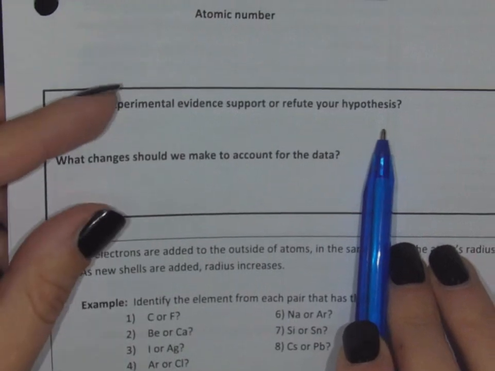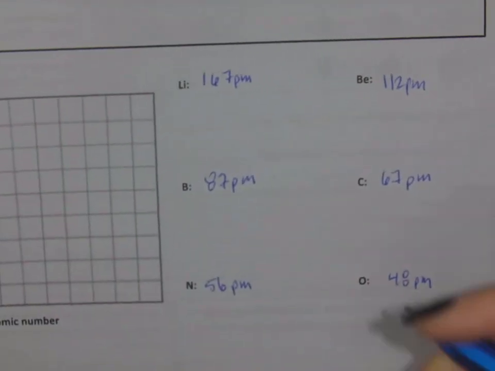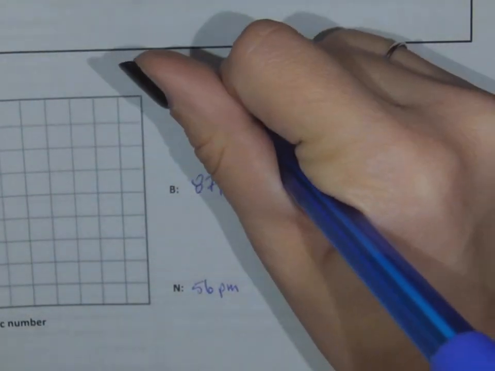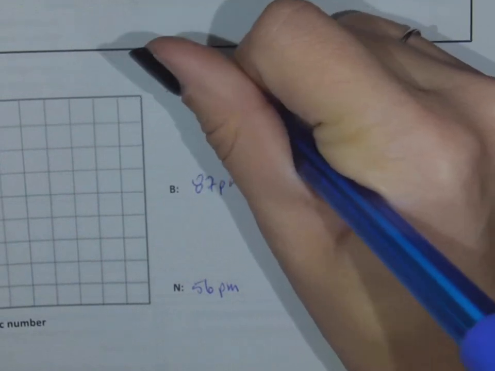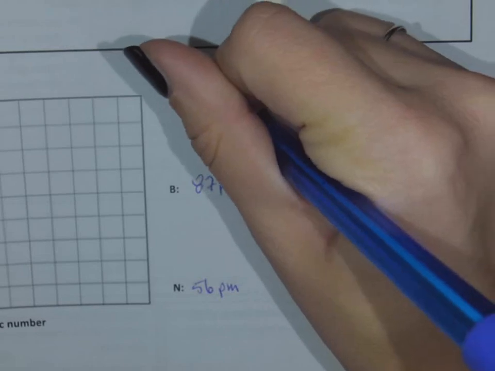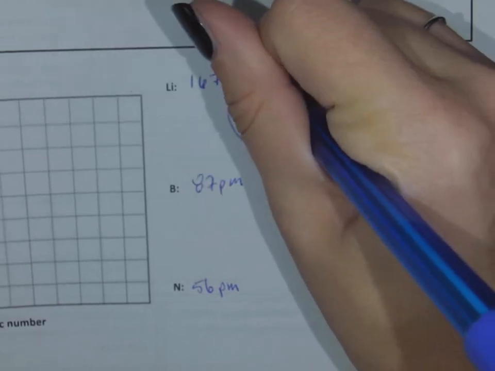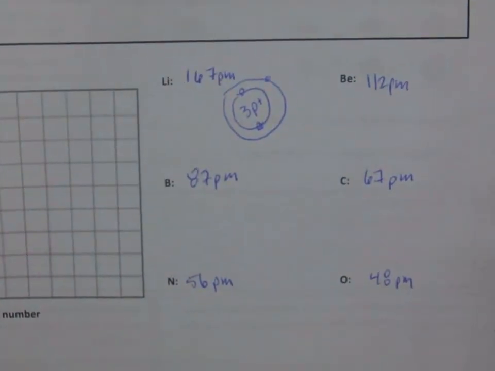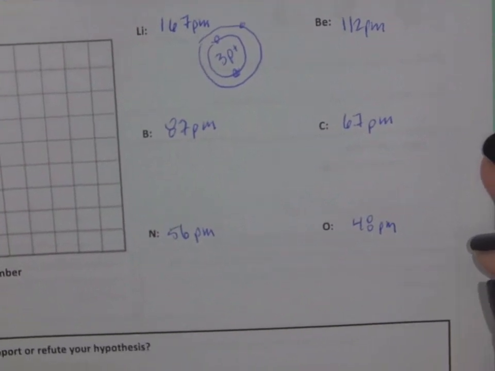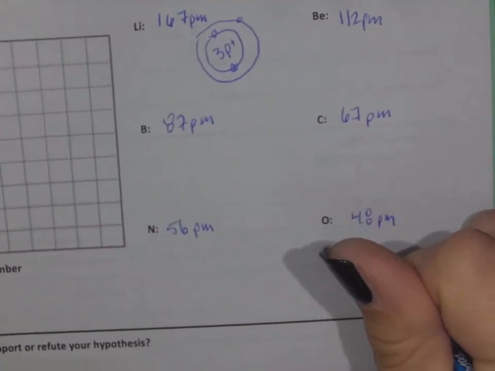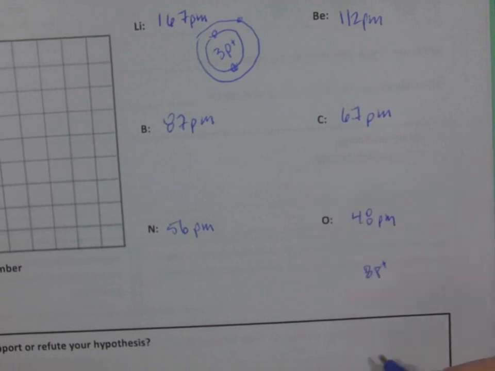And then let's think about this for a minute. We drew the Bohr model for lithium. We said that there's 3 protons in the nucleus, and the first energy level has 2 electrons, and the second one has 1 electron. And then let's think about oxygen for a moment. Oxygen has 8 protons in its nucleus.